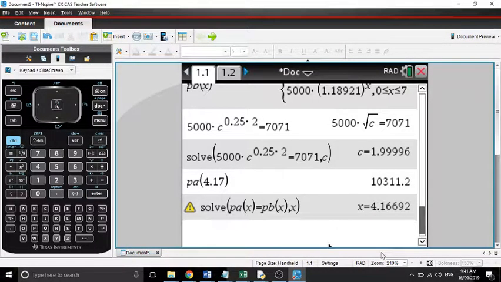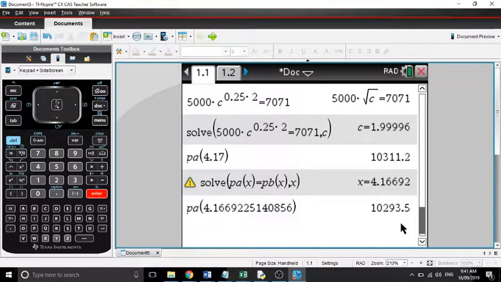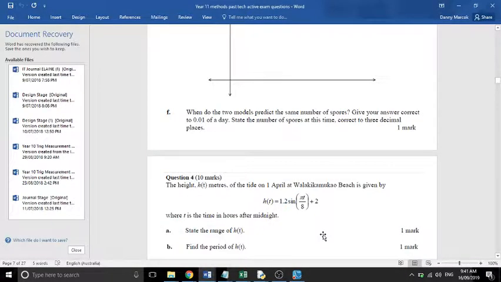All right, so what we're going to do now, we're going to say PA of this value. I'm going to delete the x. So that's what we've got, 10,293.479. That's what we'll be looking at there. So that's the way we go about answering that question.